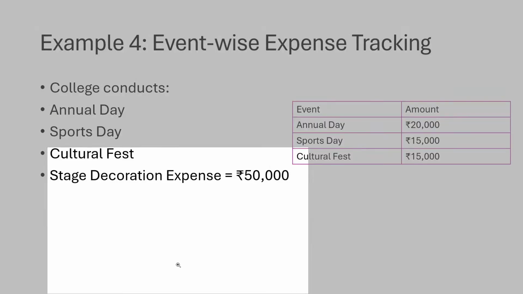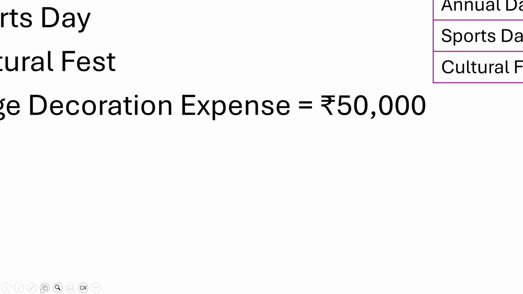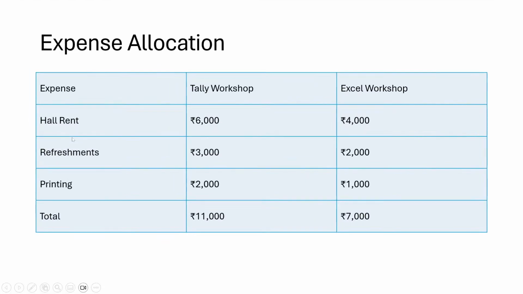Based on the example, for hall rent we can allocate 6,000, and for the Excel workshop we can allocate 4,000. So what we can do is create two cost centers for this.